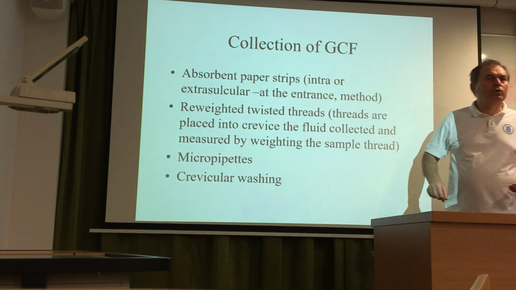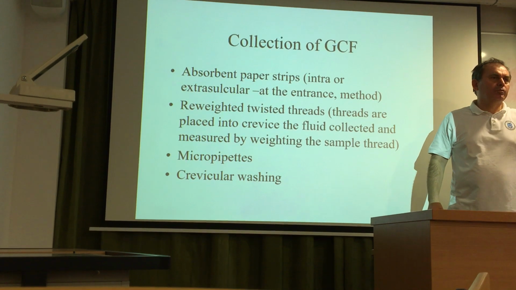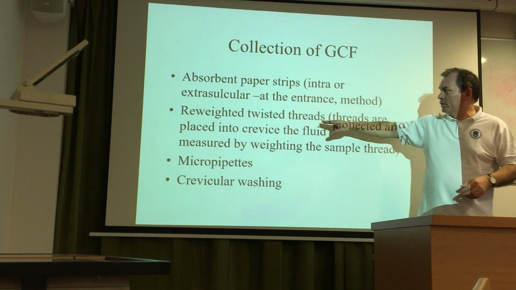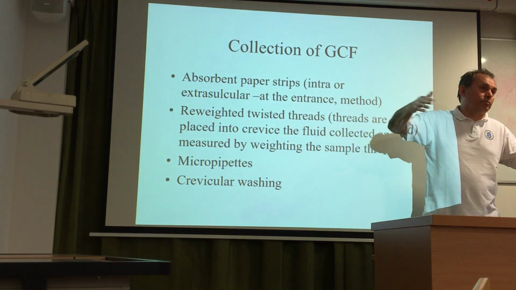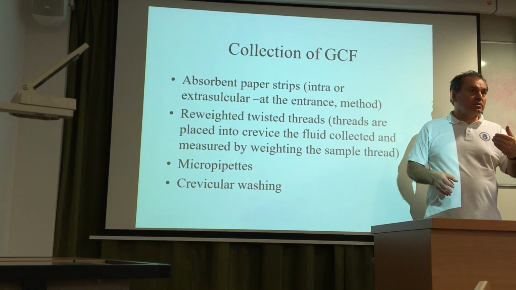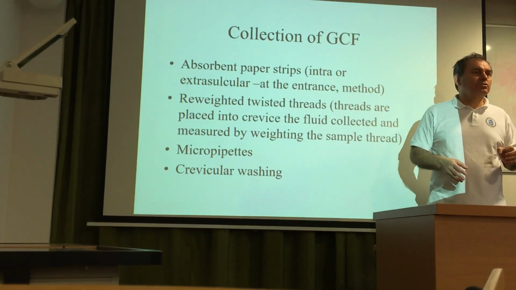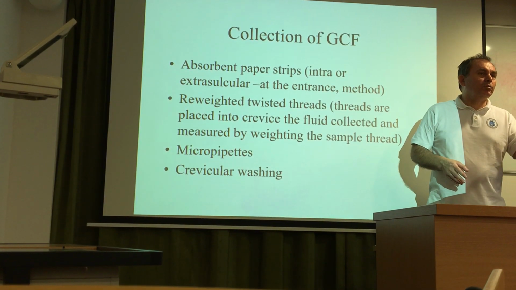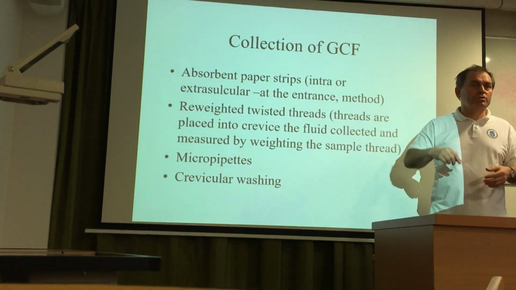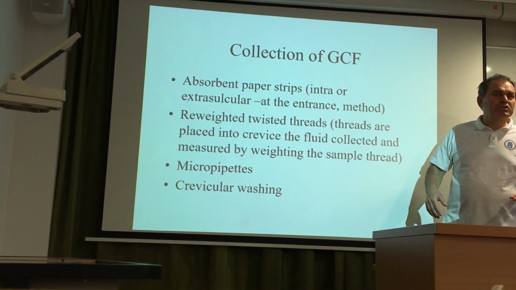And you can use cords, like the retraction cord type material used before impression. The twisted threads or retraction cord type materials could be placed into the sulcus. Before you insert it into the sulcus, you have to measure the weight of the cord, and after insertion, of course, you remove the cord and measure it again.